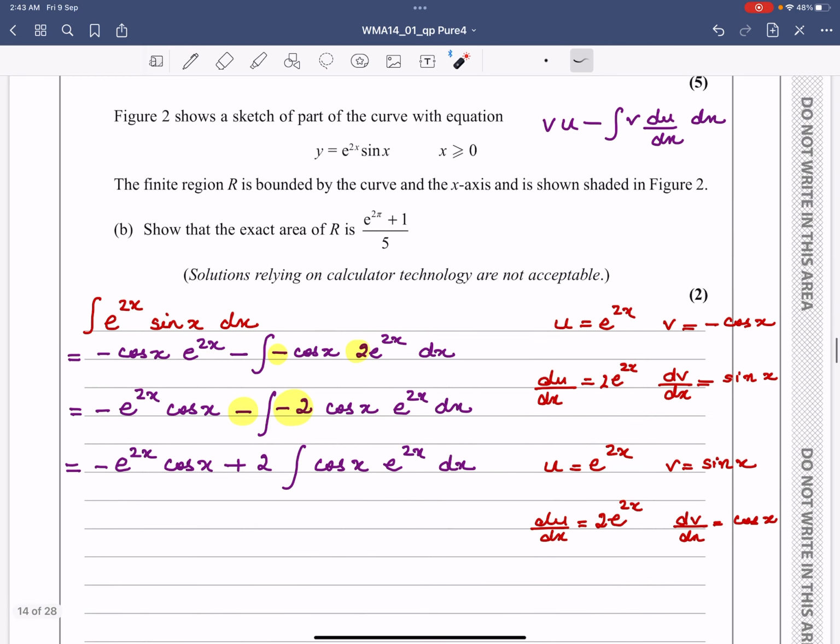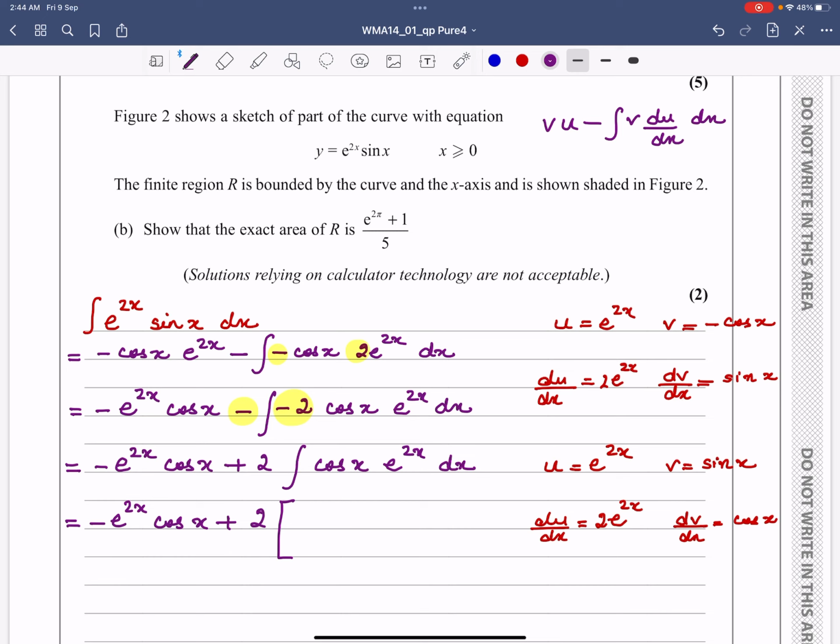First I will copy the first few steps as they are. So this is equal to minus e to the power of 2x cosine x plus 2. I'm going to make a bracket because 2 will be multiplied by whatever is ahead.